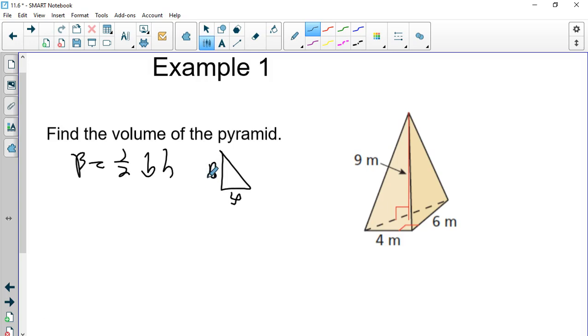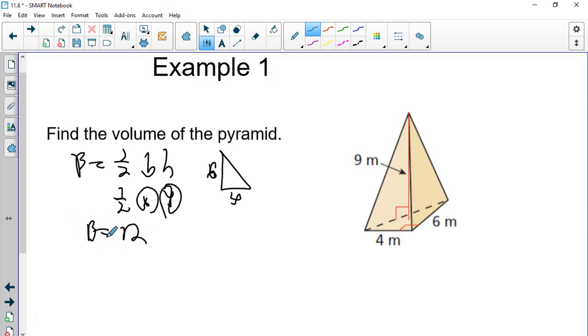So if you get confused, just pay attention. I usually just think about, let's look at the two-dimensional object first, then bring it into the three-dimensional object. So my two-dimensional base and height is 6 and 4. So 1/2, 6, 4, which you can do in your head. Half of 6 is 3, times 4 is 12. So the area of the base, capital B, is 12.